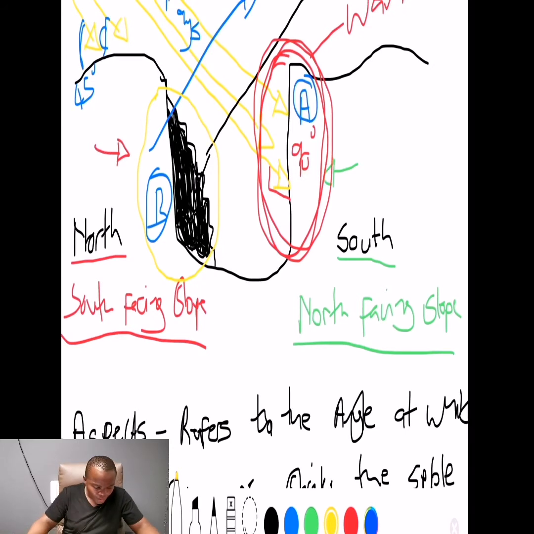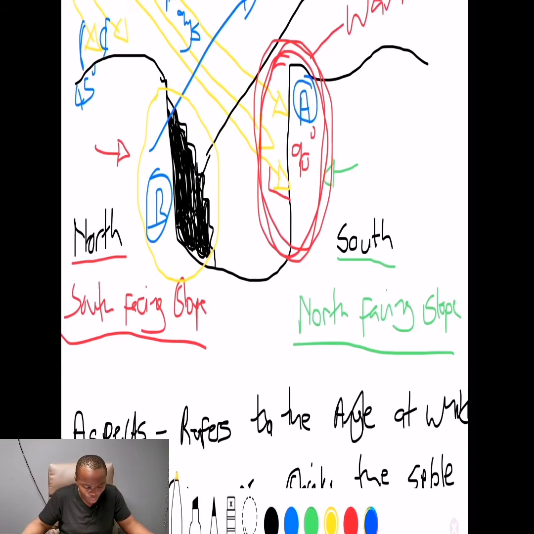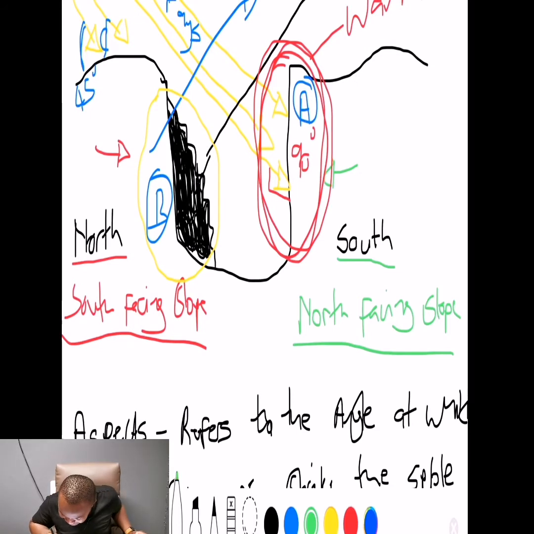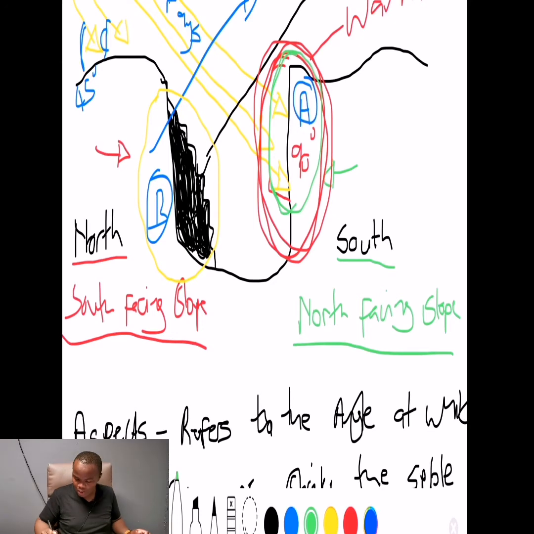In area A, fruit farmers grow grapes for wine making and table grapes on the warm north-facing slope. Why is this the case?